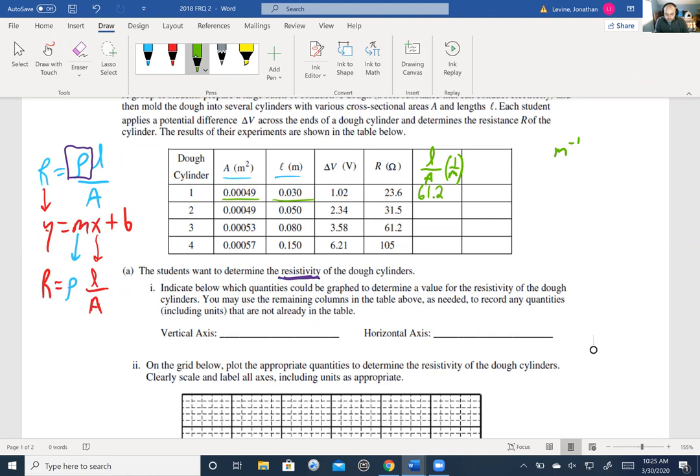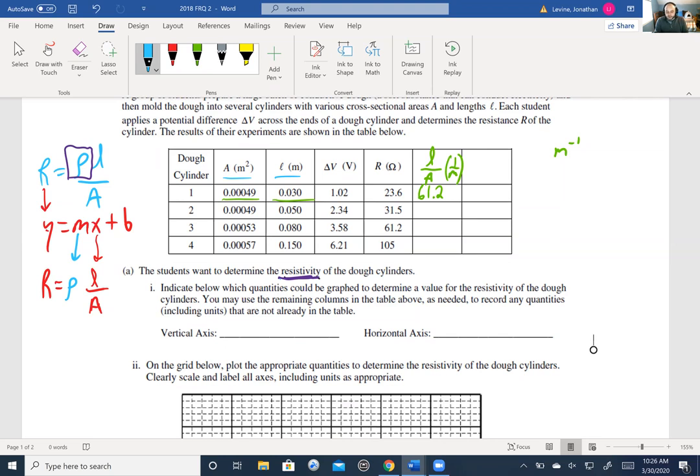Technically, I only have to go to 2 significant figures if we're really following our sig fig rules, because we're dividing numbers. Now, the AP I've never seen be a stickler for sig figs in recent years. That's been off of this for a while. Jonathan asked, can't we rearrange the equation to find rho is equal to R times A over L?